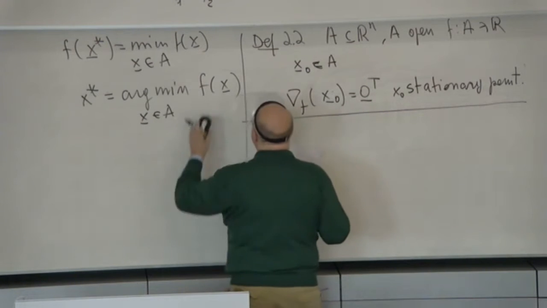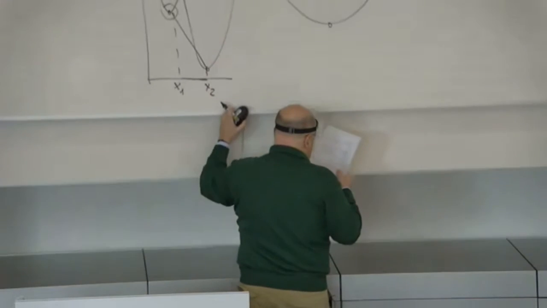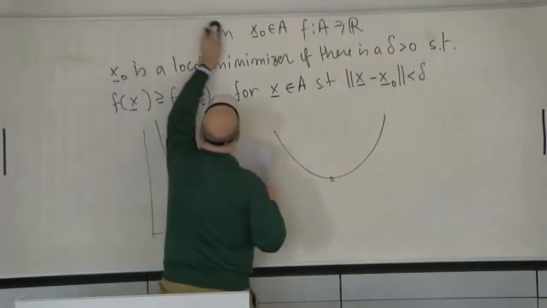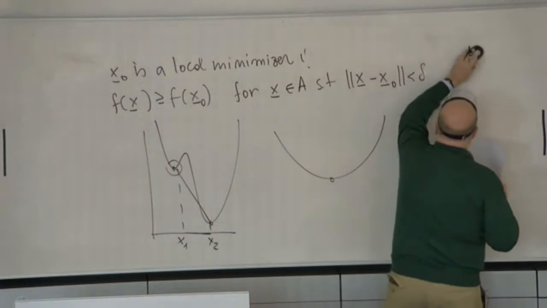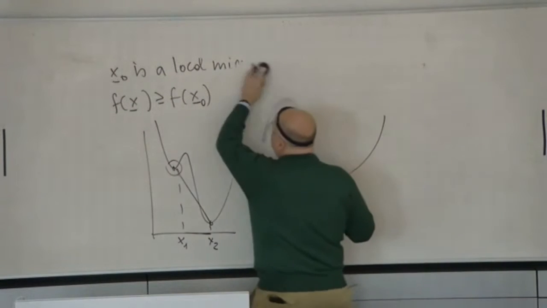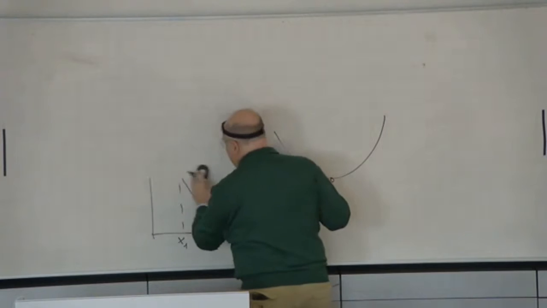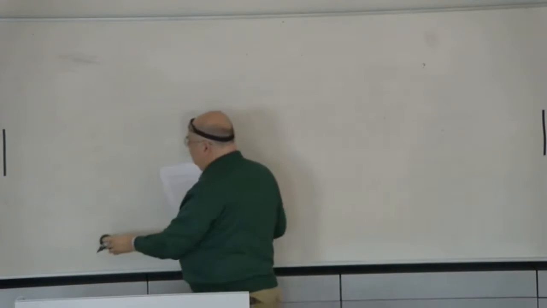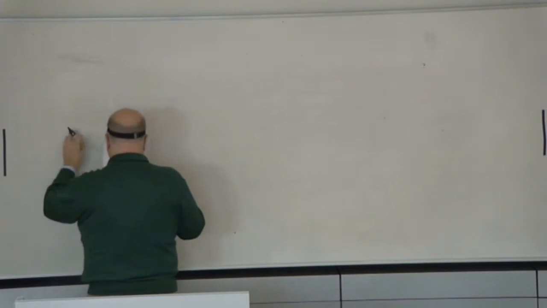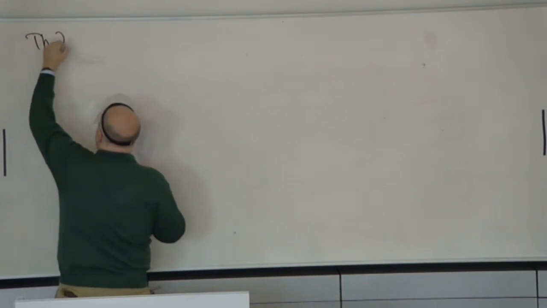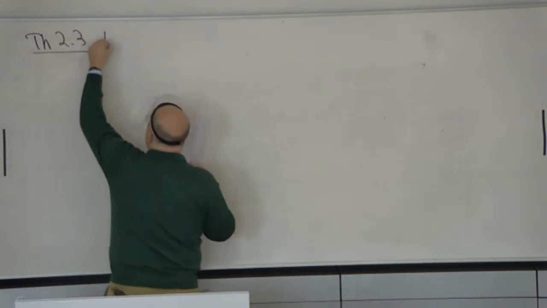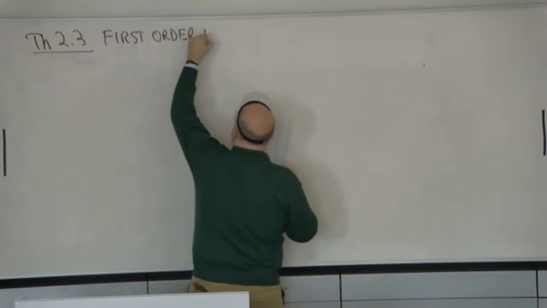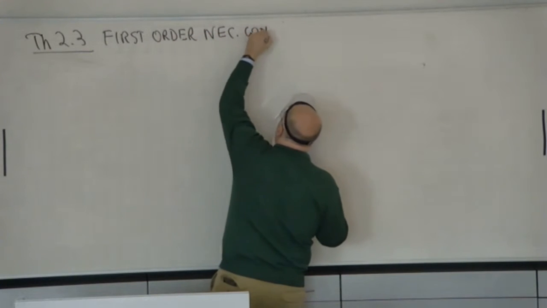Okay, so theorem 2.3. This is a theorem we already know, because we have seen it last year, but anyway, it's interesting to see the proof again, because it's related to some of the things that we see. Theorem 2.3 is called the first order necessary condition.